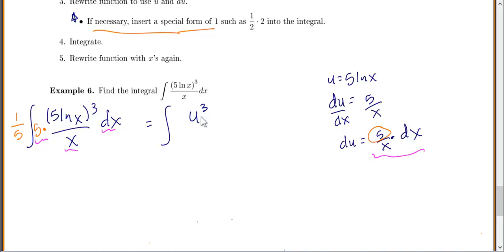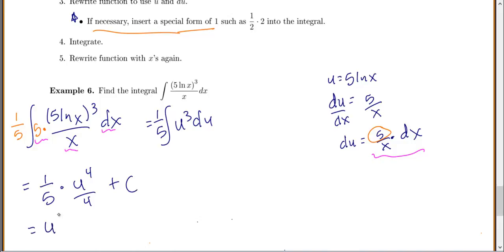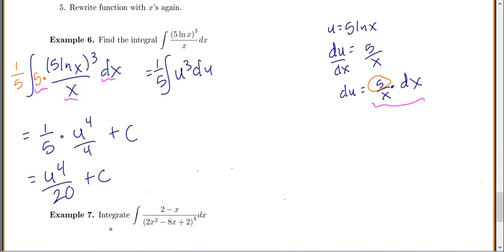So now we have the integral of u cubed du, but we still have the 1/5 on the outside. So this is going to equal, the 1/5 is still there, u cubed would now be u to the 4th over 4 plus c. Or in other words, u to the 4th over 20 plus c. And put x's back in.